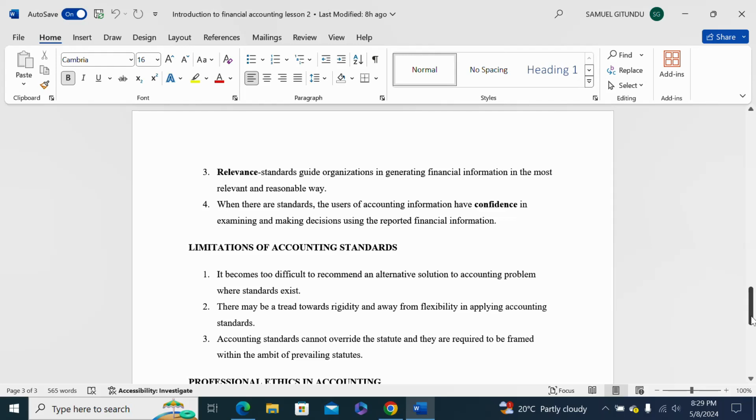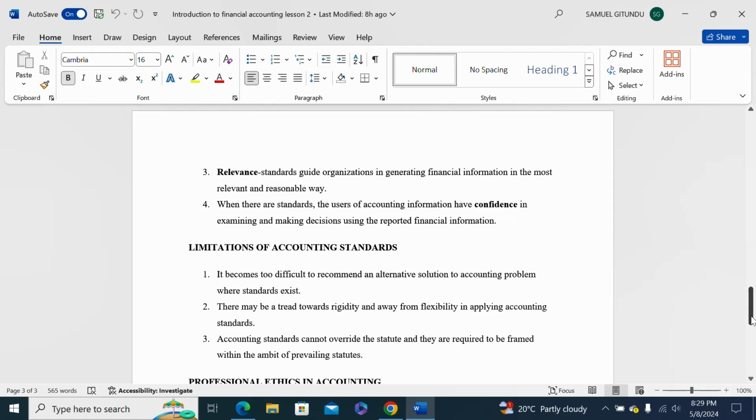For example, you may find that in a country, there is a law which defines how to treat a certain transaction, or how to prepare a certain financial statement.